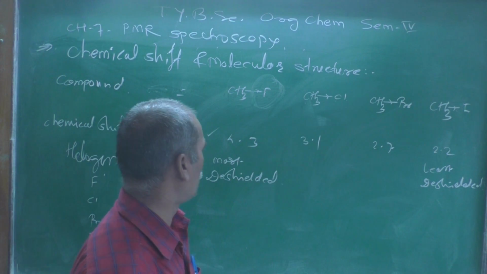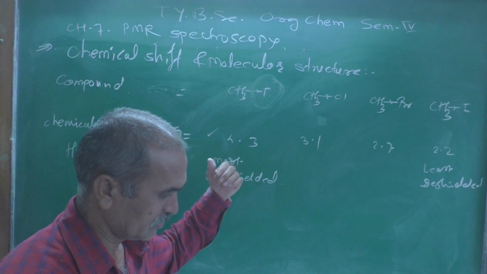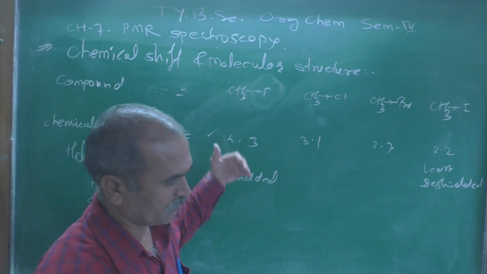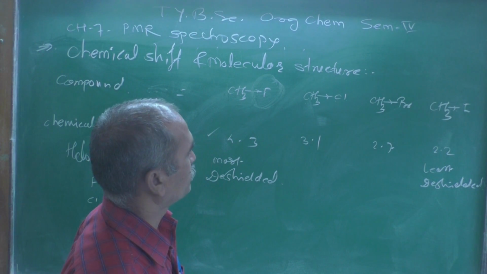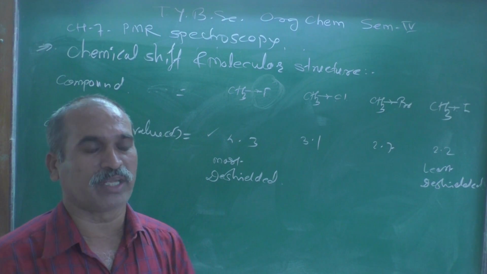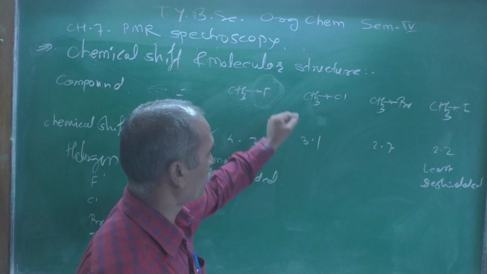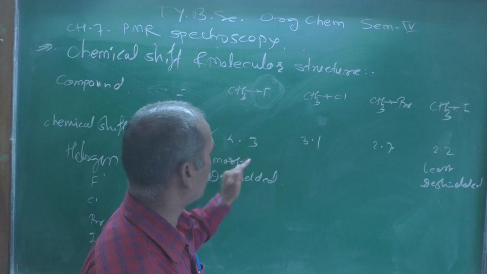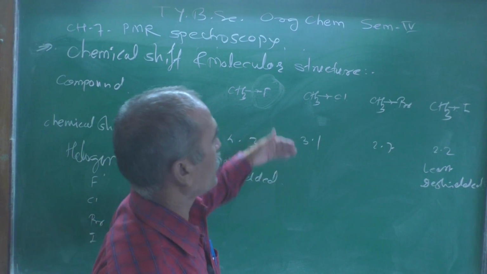If you see the chlorine atom, which follows fluorine, the electronegativity of chlorine is less as compared to fluorine, and therefore the de-shielding effect is less.